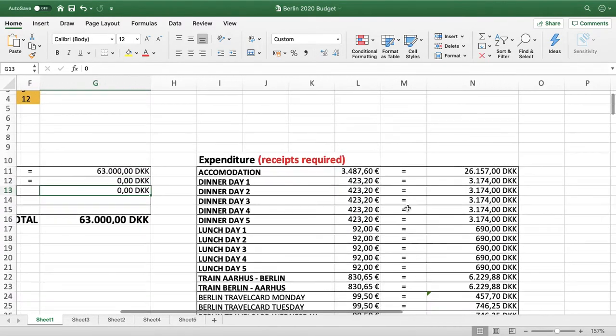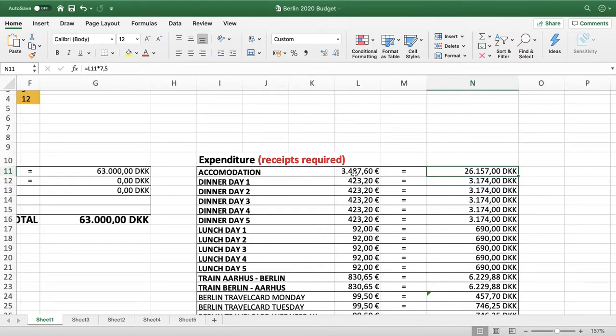And then over here, I had various expenses. So the accommodation was the big one. 3,487 euros, which I converted to Danish kroner with a spreadsheet formula. So it's basically the euro amount times 7.5. So it says equals L11 times 7.5.